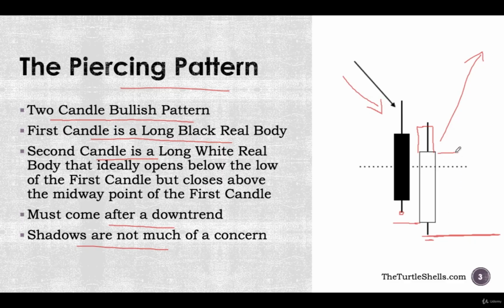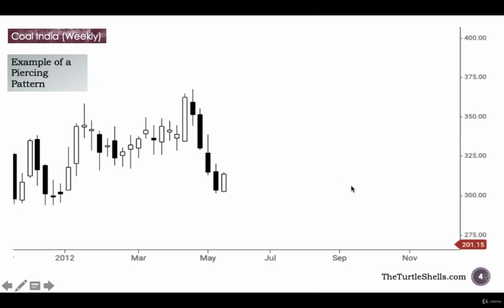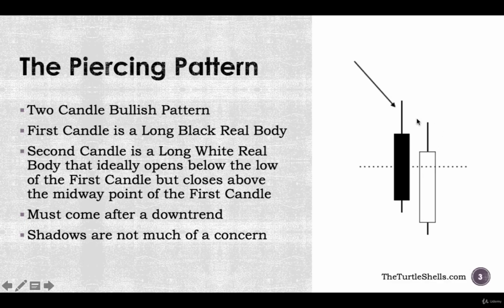And the closing of this pattern is our entry point. So that's the piercing pattern. It's not very difficult. If you understand the bullish engulfing pattern, you can also understand the piercing pattern.